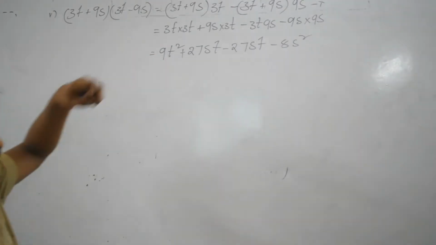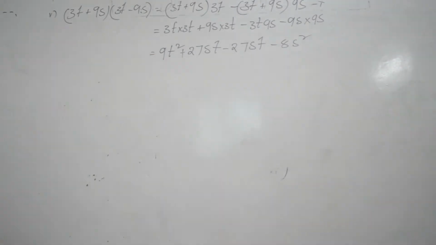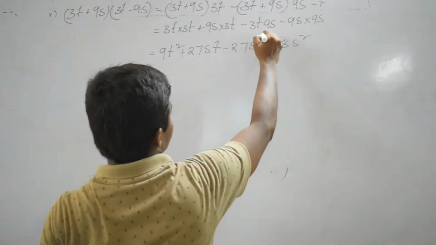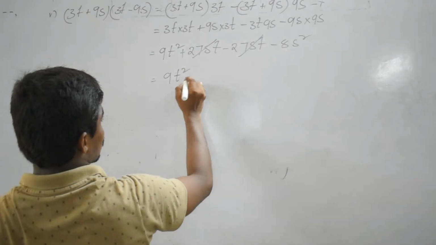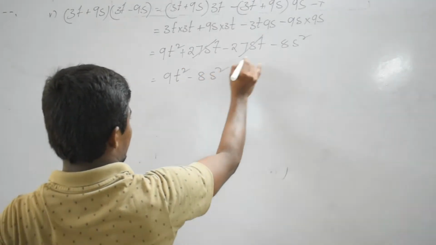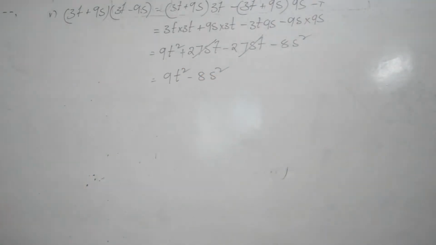So plus 27 st minus 27 st, both are cancelled. So 9 t squared minus 81 s squared.